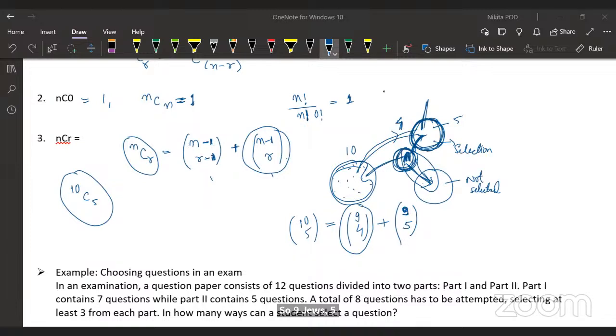So this formula is useful in some cases. I don't have any problem with this, but sometimes this formula is useful.